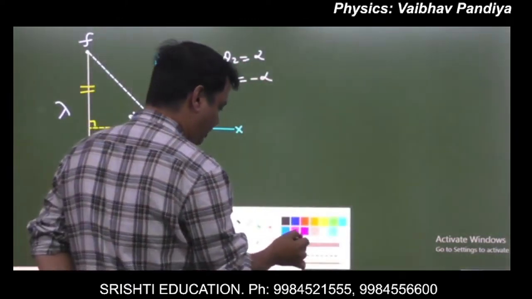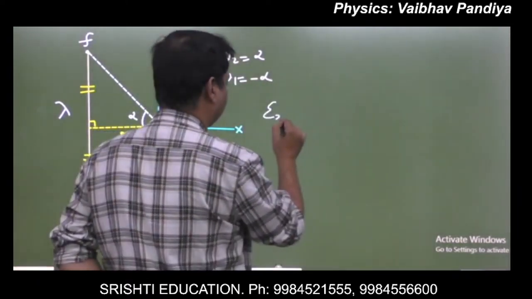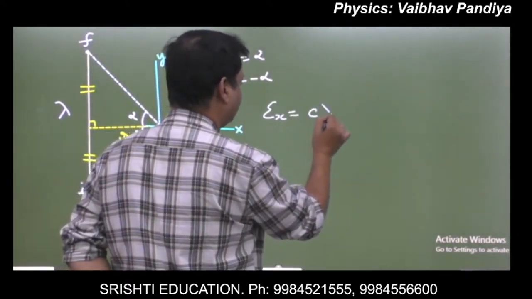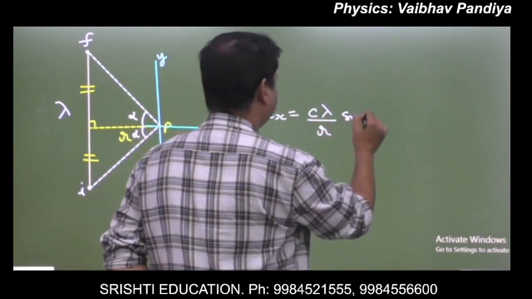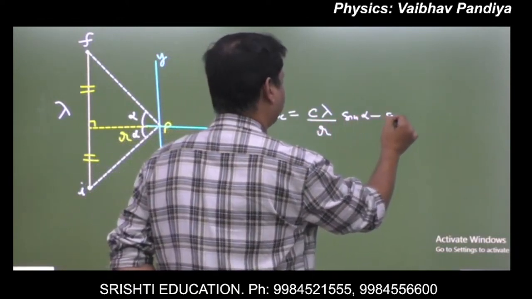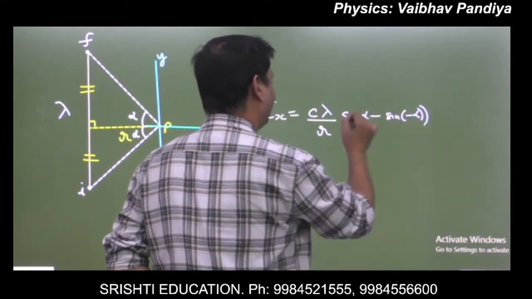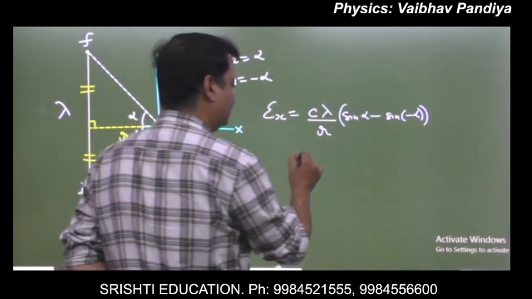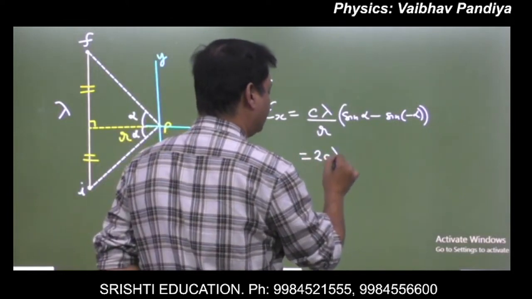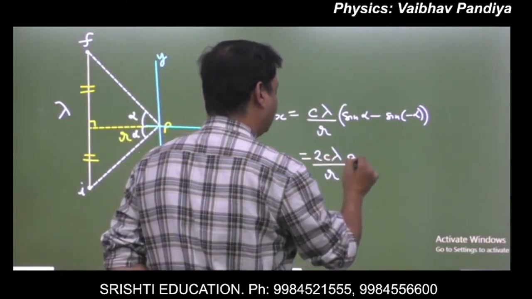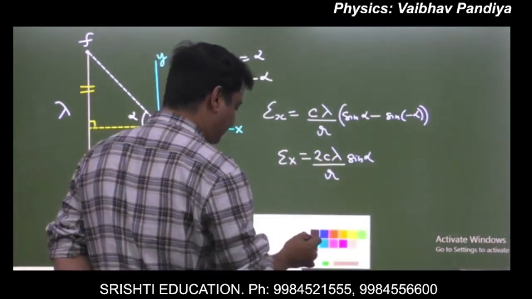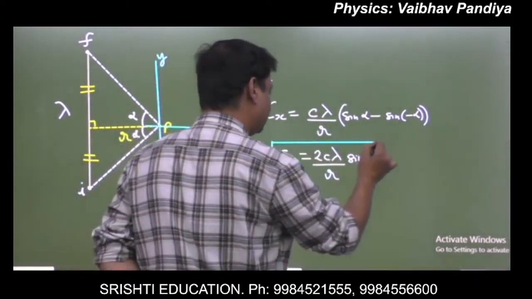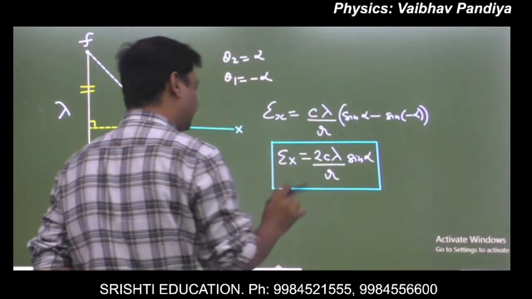So Ex will be C lambda by r, sine of theta 2, that is sine of alpha, minus sine of minus alpha, and we know sine of minus alpha is minus sine alpha. So it will be 2C lambda by r sine alpha. This came to be the value of Ex, correct?